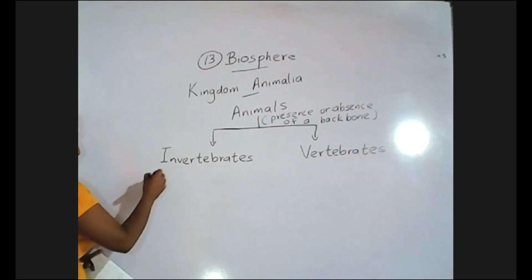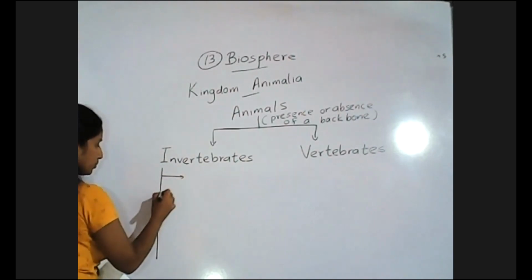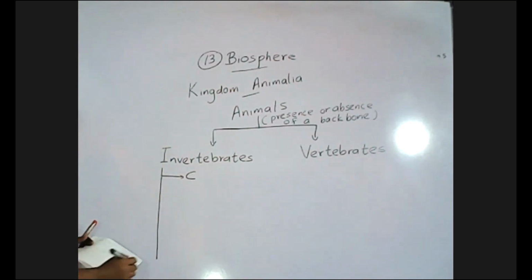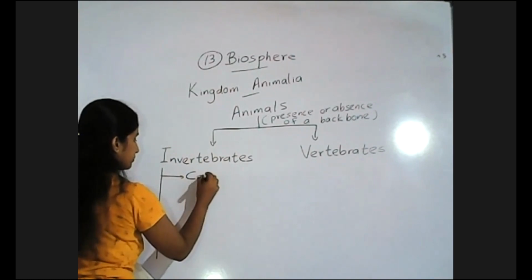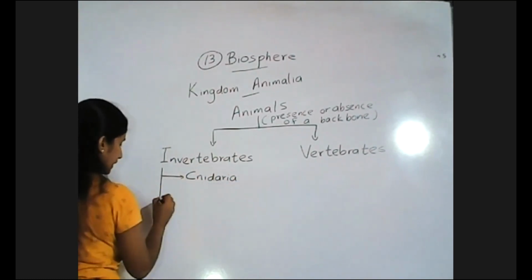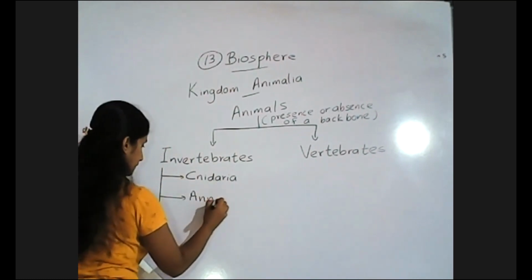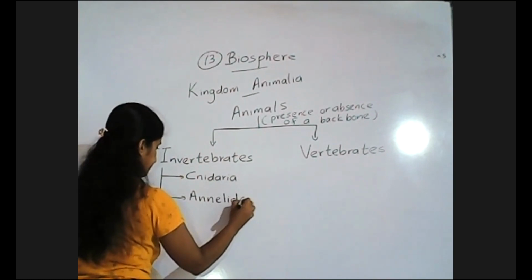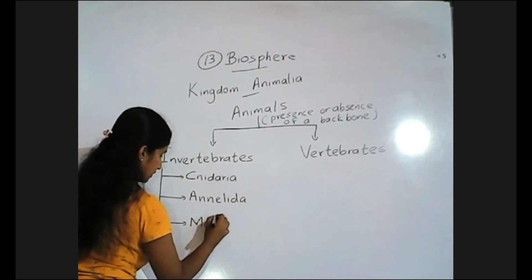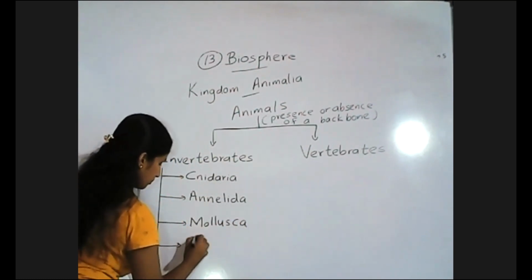Then invertebrates, again we separate into groups. What are the groups? The first one, Cnidaria or Coelenterata. Next one, Annelida. Next one, Mollusca. Next one, Arthropoda.